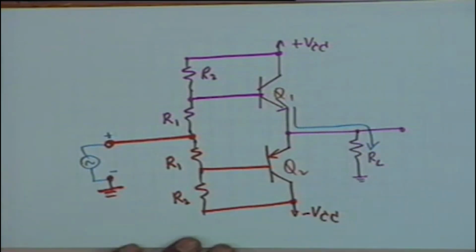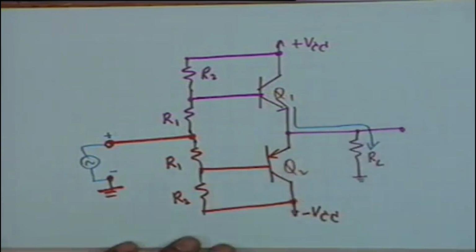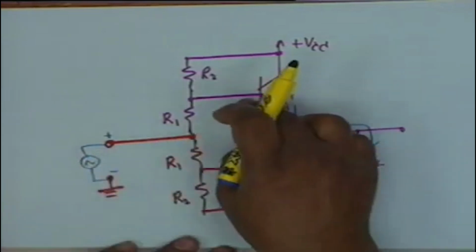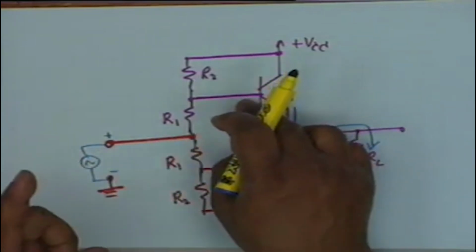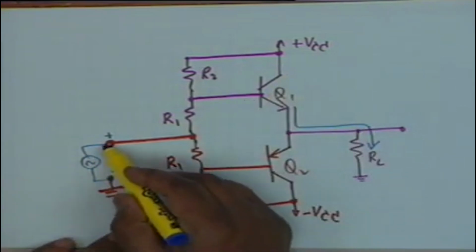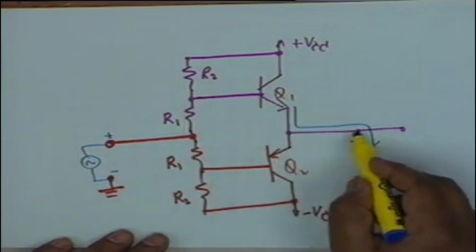Is that clear? Why doesn't the current flow in this direction? Because Q2 does not conduct. Is the point clear? R1 and R2 are so selected that the bases are just on the verge of conduction. So as soon as this terminal is positive, a current flows like this through the transistor Q1 to the load RL.